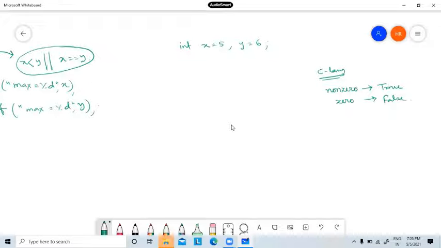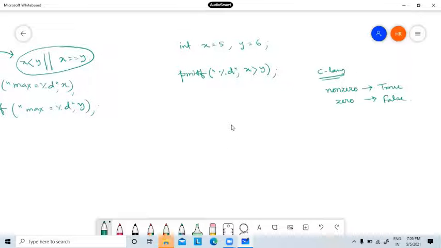You can check it by printing. How? Suppose you printf percent d, and I am writing x greater than y. So what should be the output?